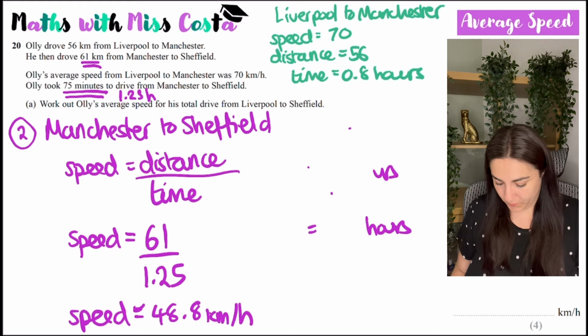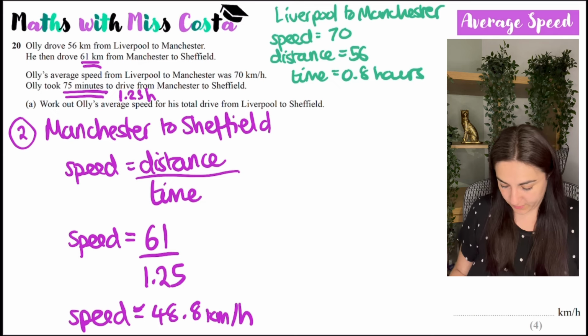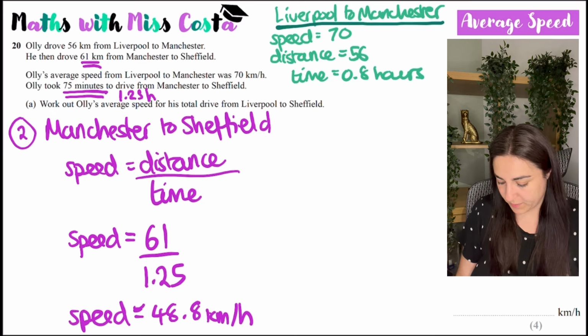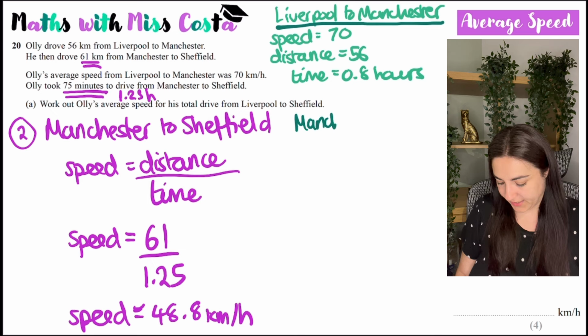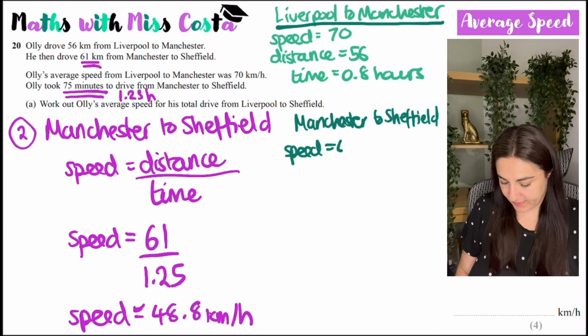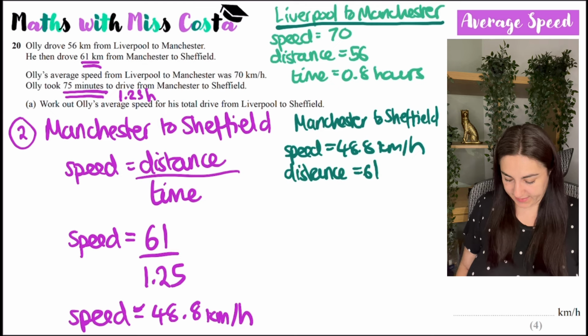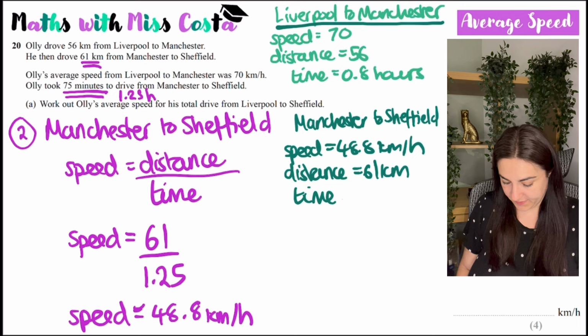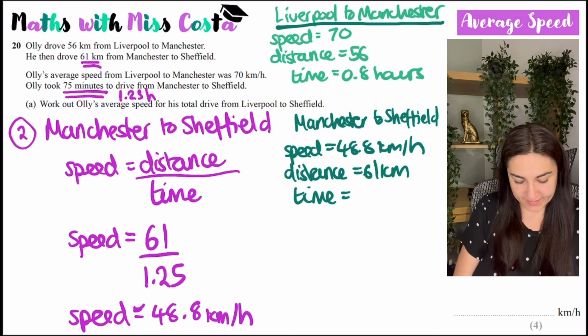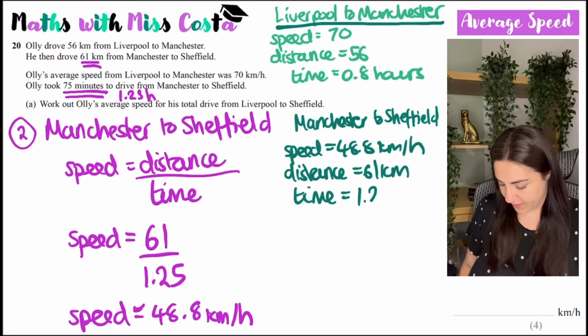So I've got all of this information, and I'll just write it here. So that's Liverpool to Manchester, and then I've got Manchester to Sheffield, where the speed is 48.8 kilometers per hour. Distance is 61 kilometers, and the time is, what did I say, 75 divided by 60 is 1.25.